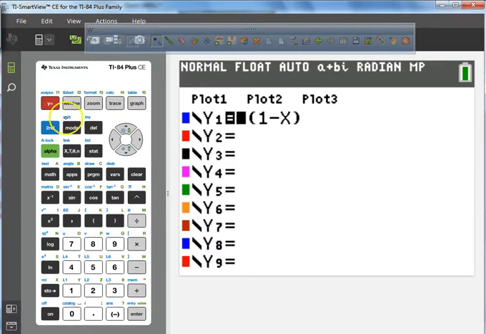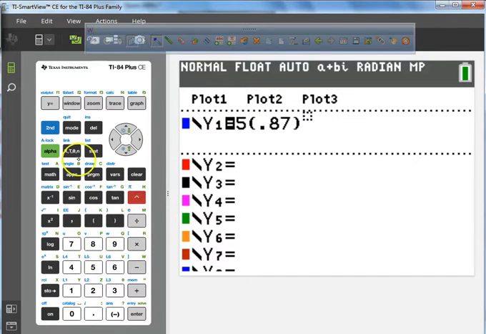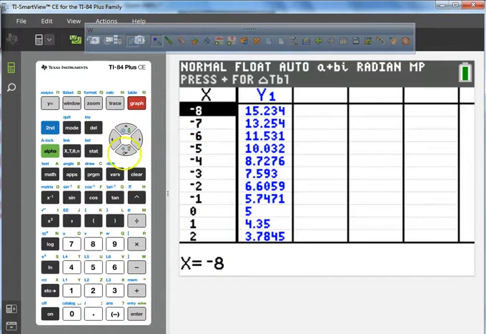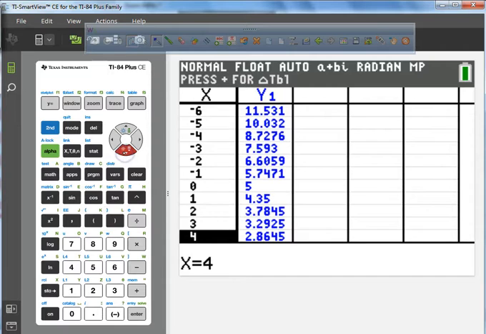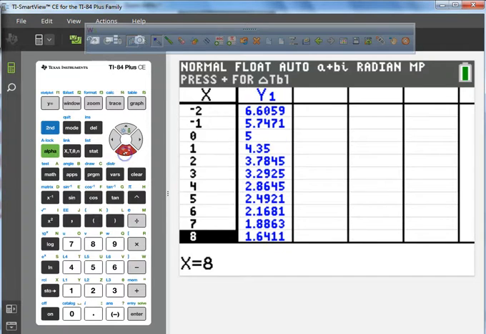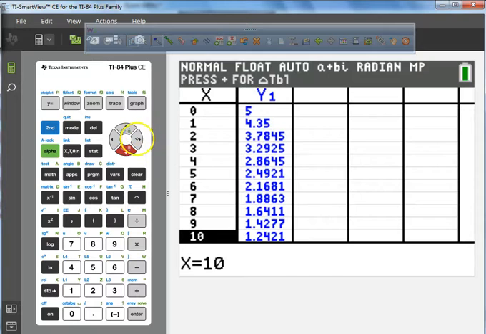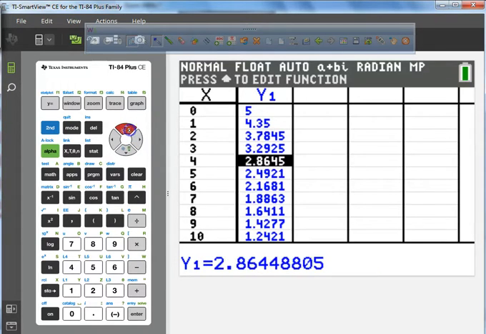So here we go. Going to y equals. Going to type in a 5. Going to open up the parentheses, type in 0.87, close it. I'm going to raise that to the power of x, and then I'm going to check the table. I don't know if you remember at the very beginning, what did we start at? We started where the diameter was a 5.